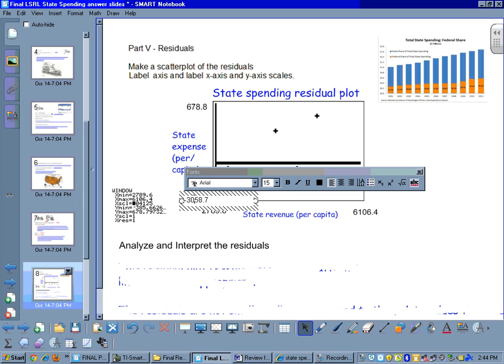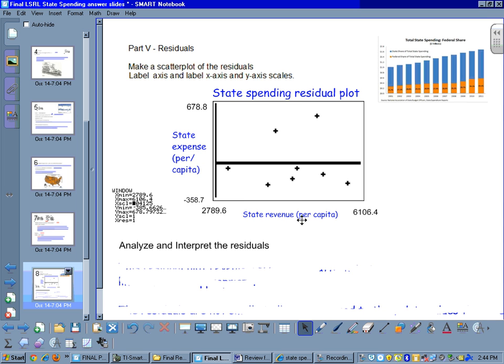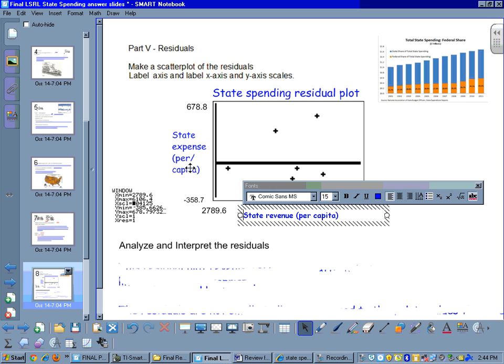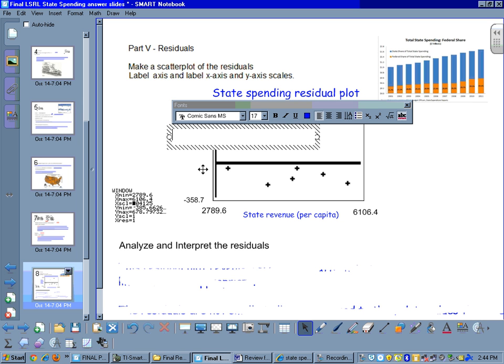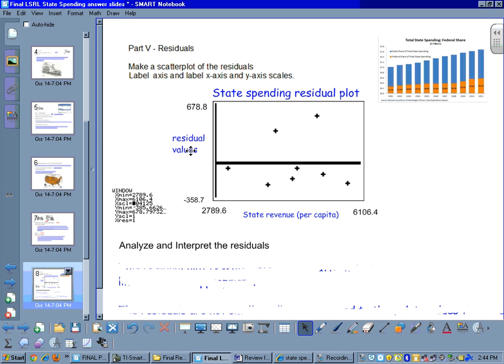That makes me feel a little bit better about the size of these residuals. And then the x-axis is still the state revenue, but the y-axis is not the state expenses anymore. These are the residual values that I calculated when I did least squares regression.